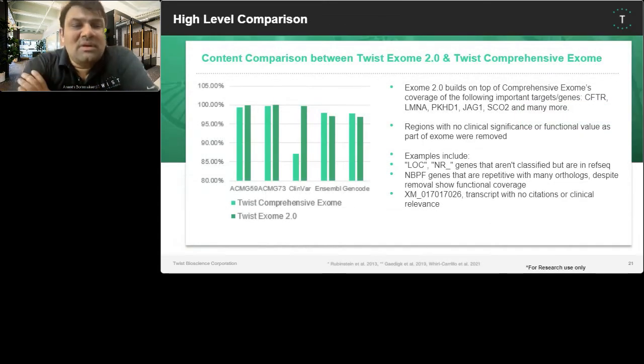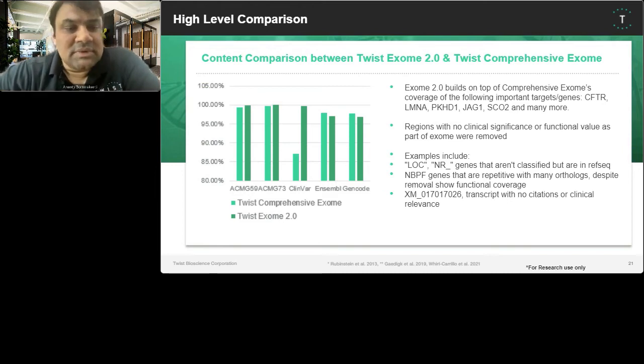One final thing that I would like to add is the comparison between our existing Twist exome and the Twist Exome 2.0. One thing is the new Twist Exome 2.0 is a little bit smaller than the current exome that we have, which is the comprehensive exome. Both are amazingly good products, and they have their own value propositions.